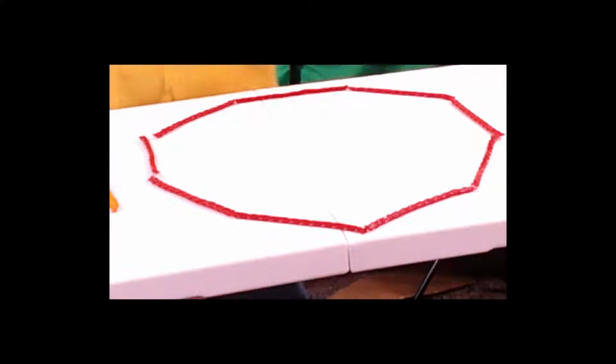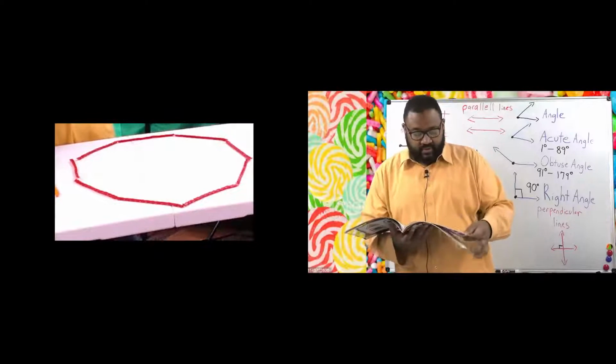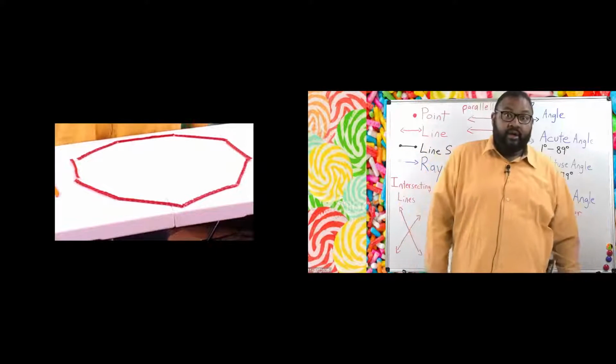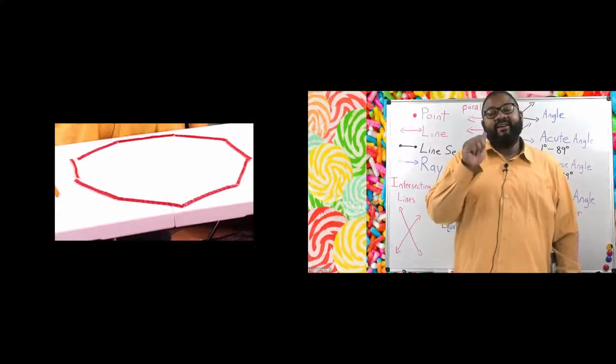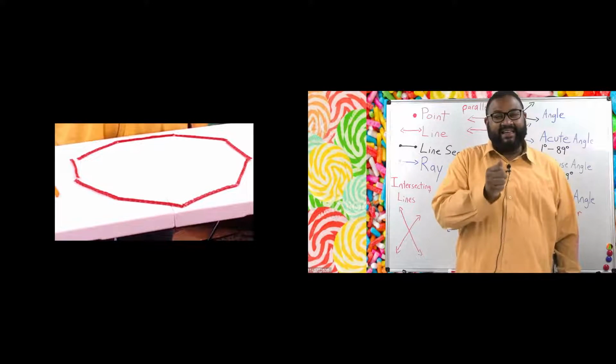All right, so we got a 9-sided figure. A 9-sided figure is called a nonagon. Woo! I'm nervous, folks. I'm nervous because a nonagon is 9 sides.